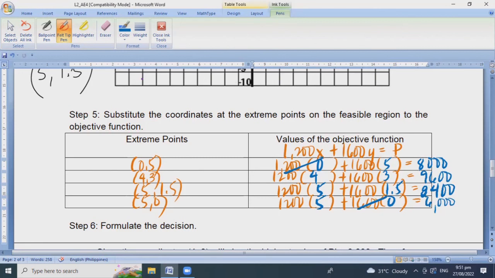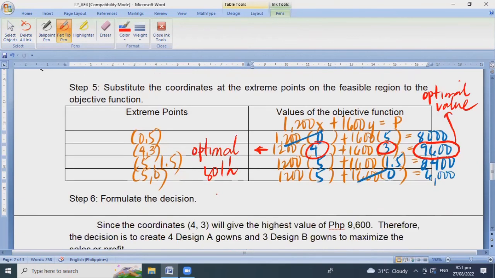So ngayon, anong pinaka mataas yung nakuha nyong profit dyan sa lahat ng mga yan? So dito, yan ang pinakamataas. Ito ang tinatawag na optimal value. And then, mathematically, yung ginamit mong ordered pairs, silang tinatawag na optimal solutions.